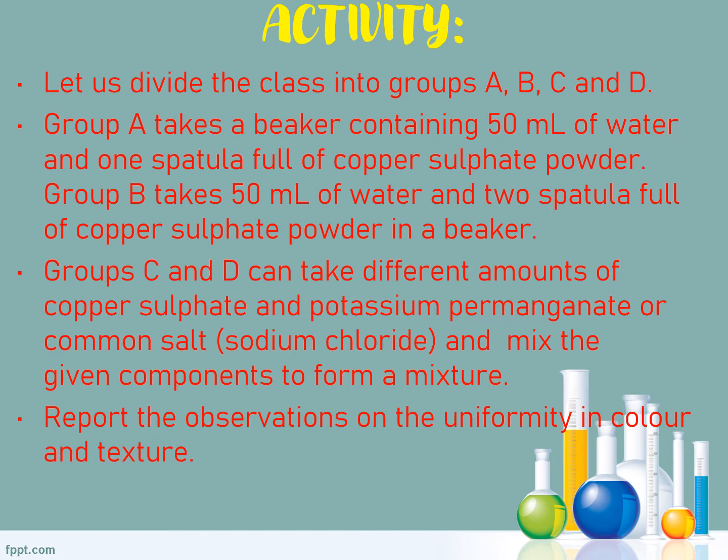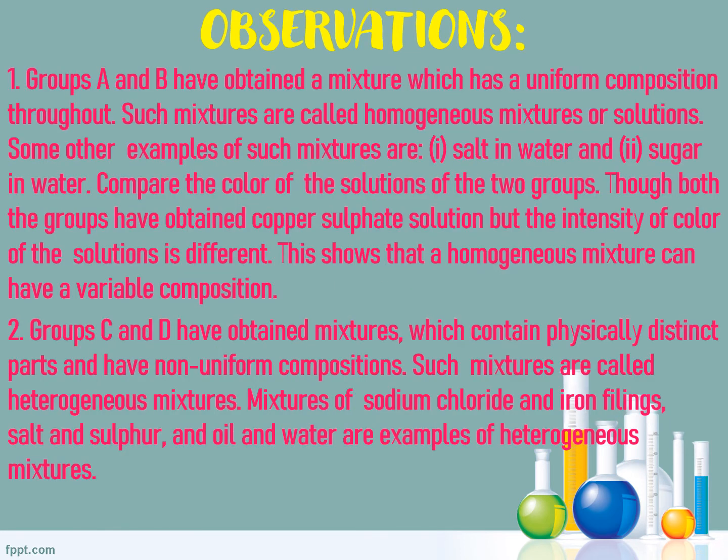So what are their observations? The observation is like this. Groups A and B have obtained a mixture which has a uniform composition throughout. Why? Because group A was given 50 ml of water and one spatula full of copper sulfate powder, and group B was given 50 ml water and two spatulas full of copper sulfate powder.